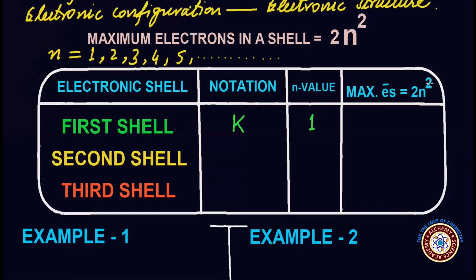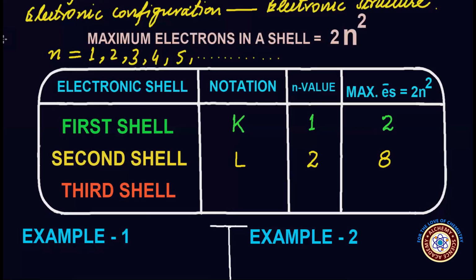this 2n square formula. The n value for the second shell is 2, and the second shell is represented as capital L or L shell, and it would accommodate a maximum of 8 electrons according to the 2n square formula.